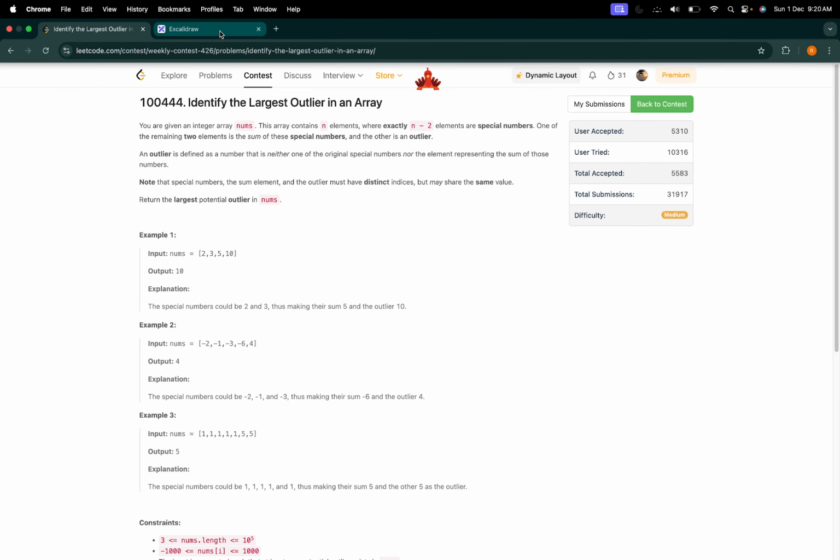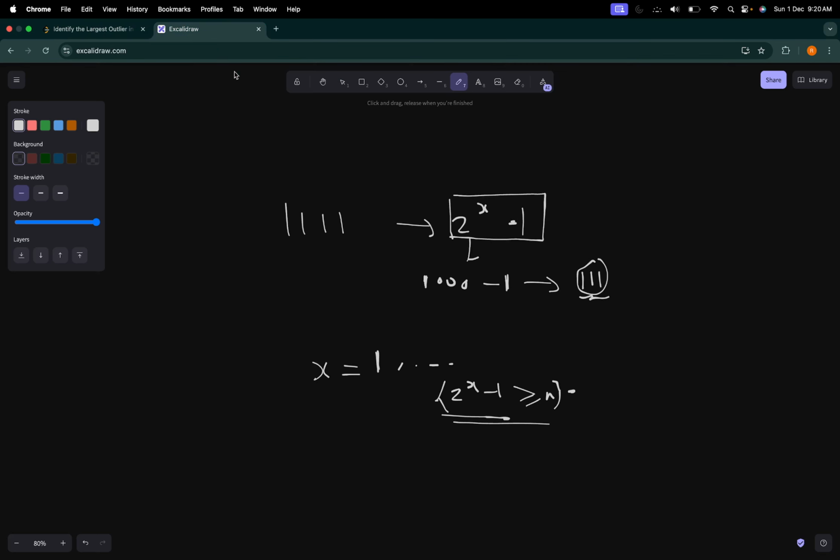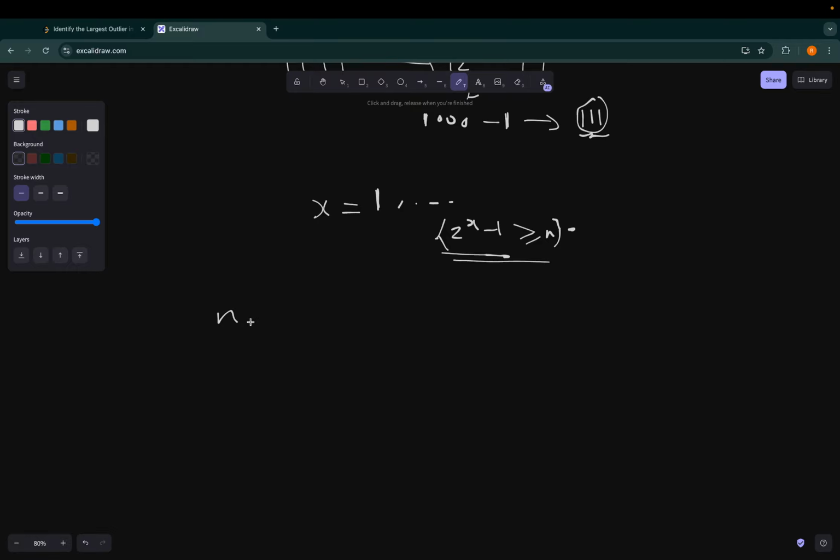The second problem stated that there are n elements in a set, out of which n minus 2 are some random elements, and the n minus 1th element is the sum of all these elements. Let's say their sum is s, then the n minus 1th element is s, and your nth element can be anything, let's say it's lambda.